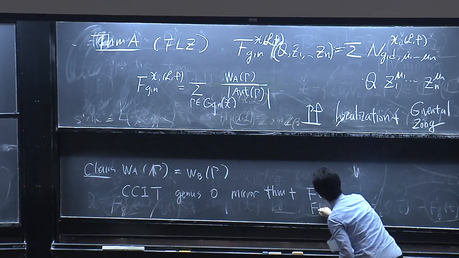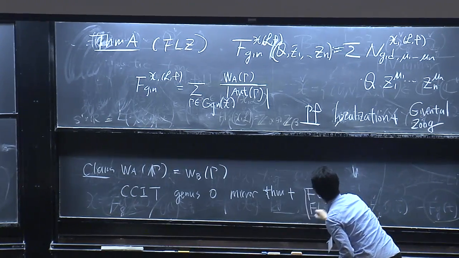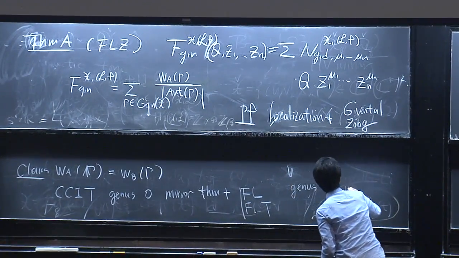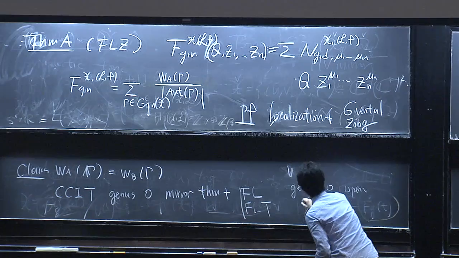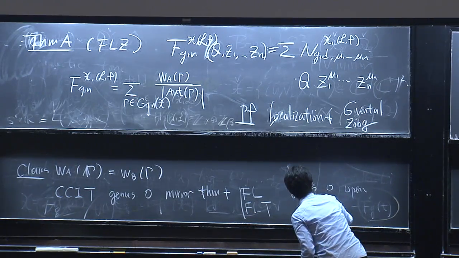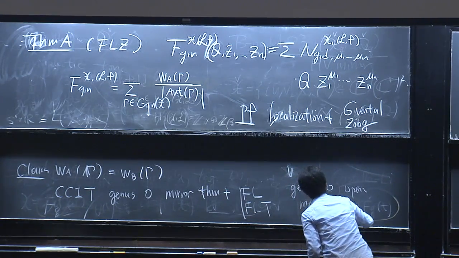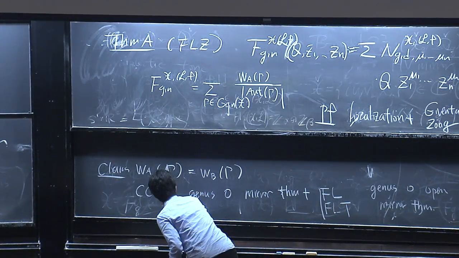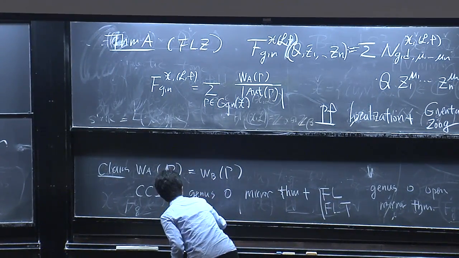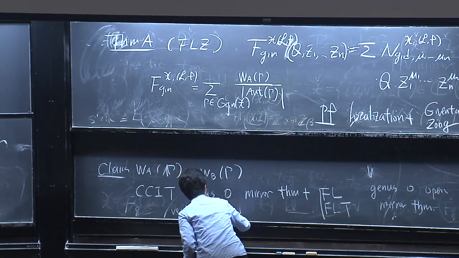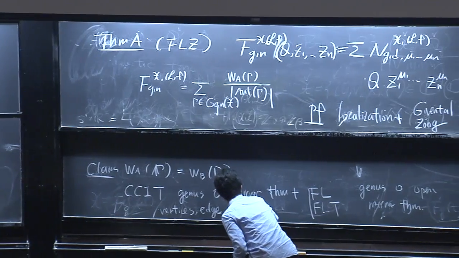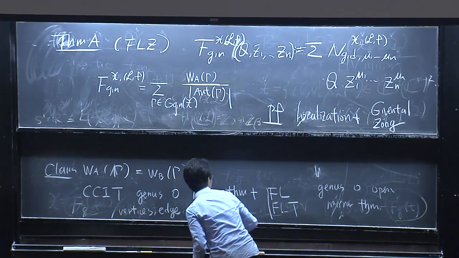plus the genus 0 open mirror theorem by Bohan Fang and myself, and also Xiang-Hua Zong. So this helps us to match the vertices and edges, which depend only on functions of the closed variables.